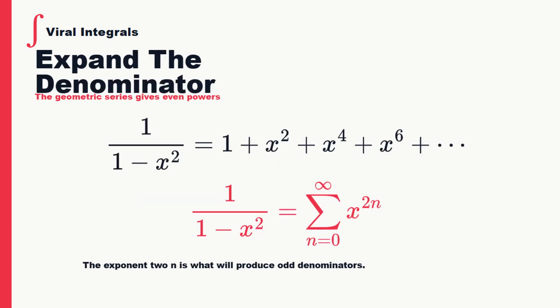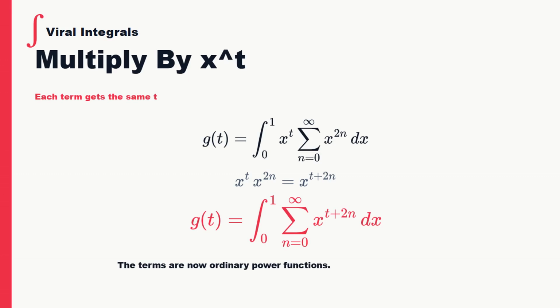Now let's recognize the following. We know that 1 over 1 minus x squared can be written like this. In other words, it's the sum as n goes from 0 to infinity of x to the 2n. So we can rewrite g of t like this, and then we can combine exponents to make x to the t times x to the 2n, x to the t plus 2n.